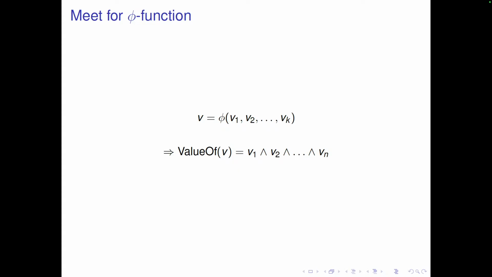So when I say meet, what does it mean? Suppose my use here is a phi function. Let's say a1 is something, and later I am using it as a3 equal to phi of a1 comma a2. So I have to figure out what the meet is. Meet is nothing but the meet of the individual components of the phi function.